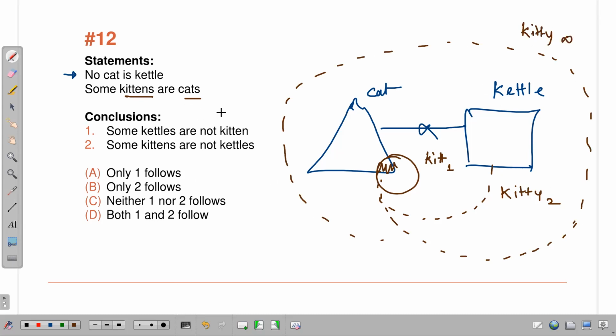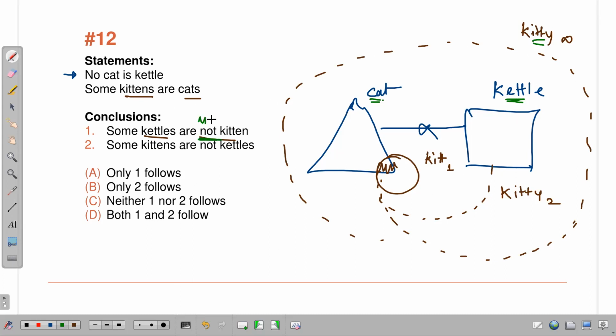Some kettles are not kittens. Okay, this is interesting. I'm thinking, yeah, because, okay, no, interesting. Some kettles are not kittens. So he's saying kettles are always going to be outside kitten, but in the kitten infinity, this is not.